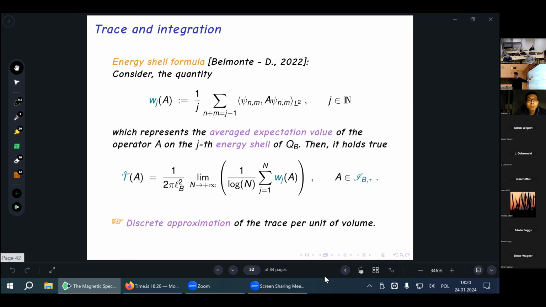These are the Laguerre functions, which are in Mathematica. I take my Laguerre functions and my operator, and I can compute these integrals. I sum these integrals, I divide by j, and obtain this number. You can program Mathematica and you have this number without any problem, and then you have just to compute this kind of limit.